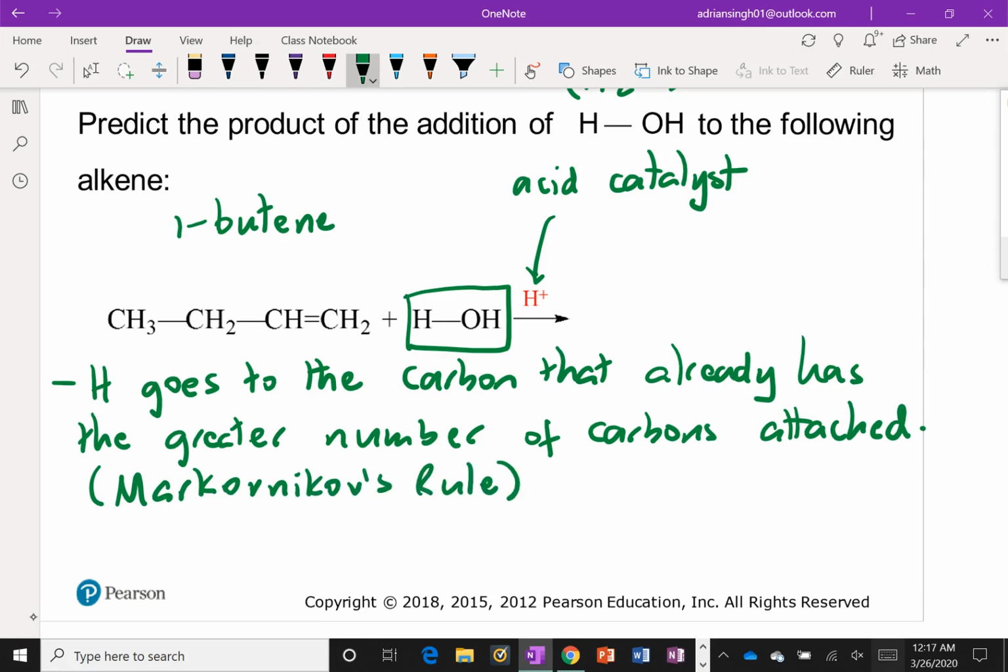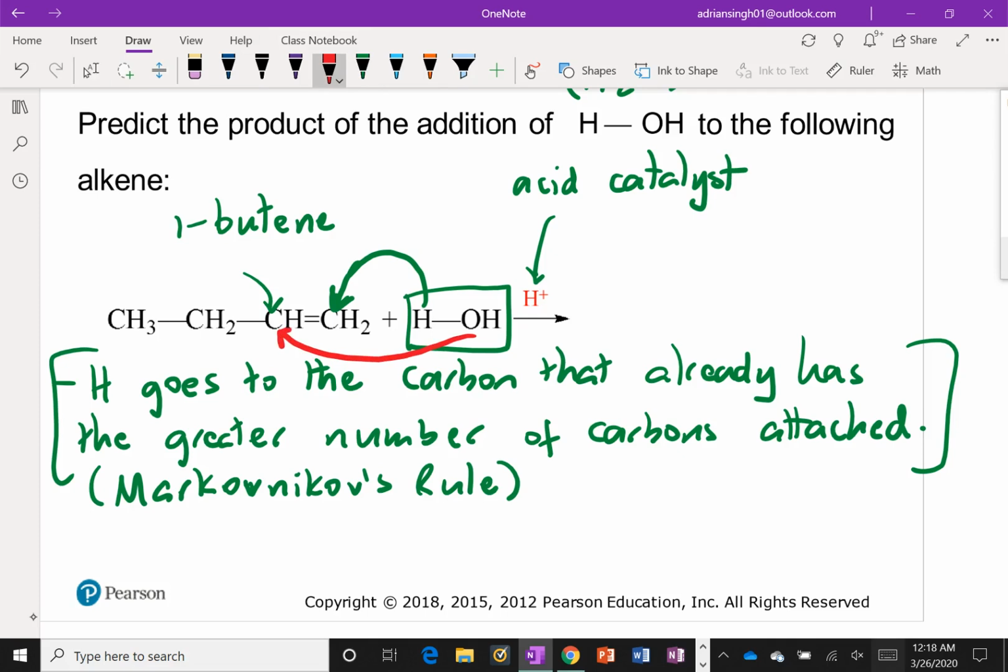It's one of the more common rules in organic chemistry, but this is essentially what it says. This is going to tell us which carbon the H is going to be moving to. So we have two choices. We can either go to this one or to that one. Then we ask ourselves, which carbon already has the greater number of H's attached to it? And that would be the carbon on the right. And that's where the H will go. It will go to the carbon that already has the greater number of H's, which means the OH then is going to go to the other carbon.